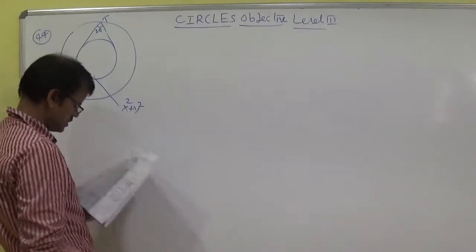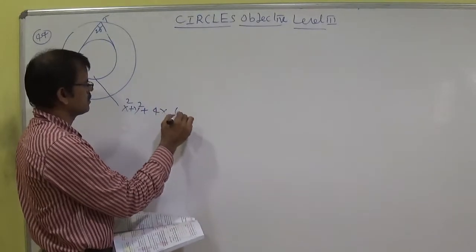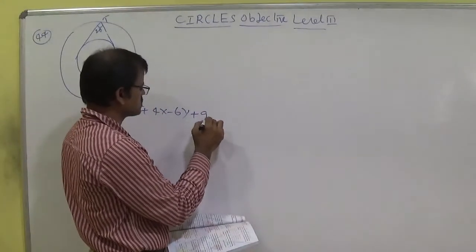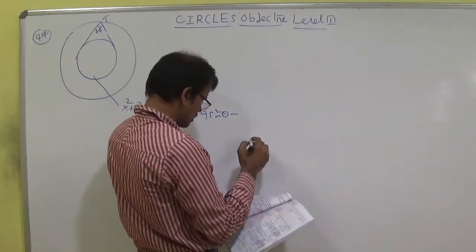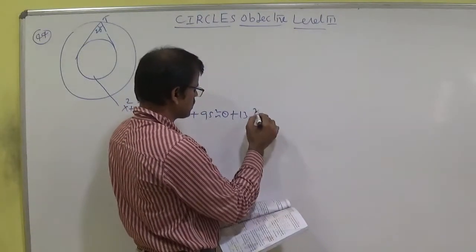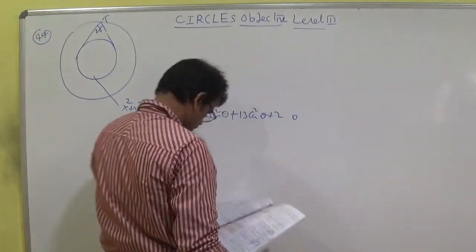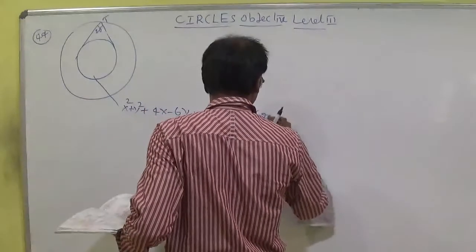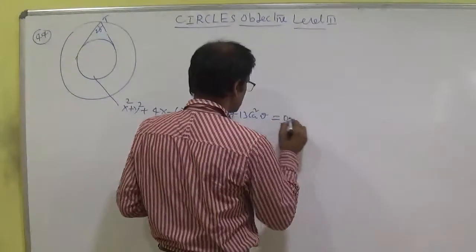This circle is x square plus y square plus 4x minus 6y plus 9 sin square theta plus 13 cos square theta minus 12 equal to 0. No, there is no constant: 9 sin square theta plus 13 cos square theta equal to 0.